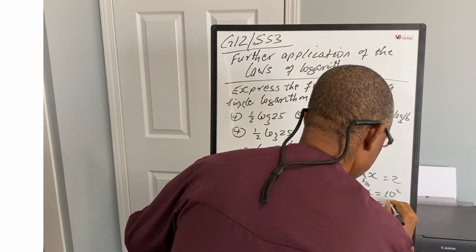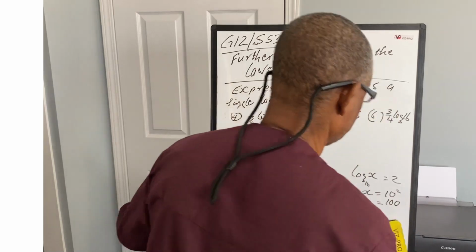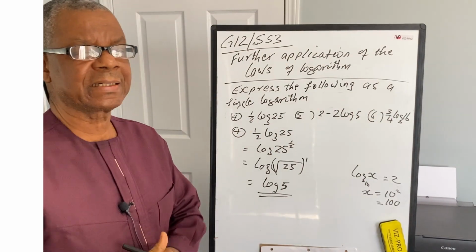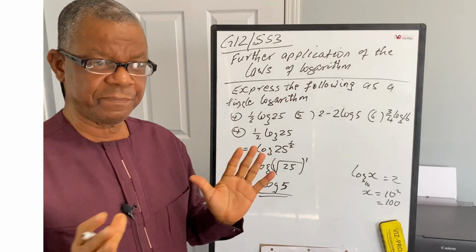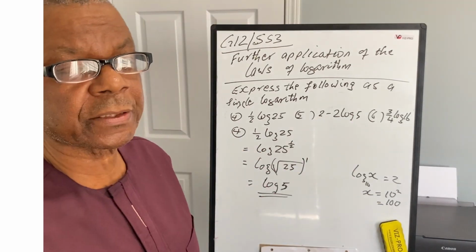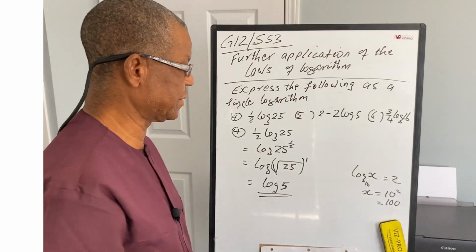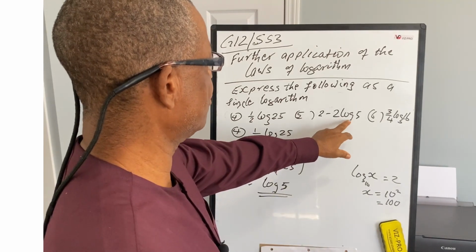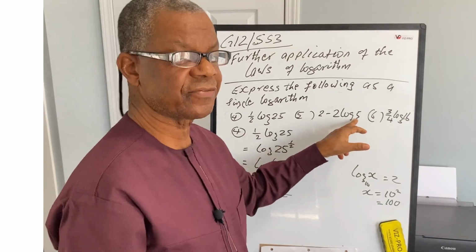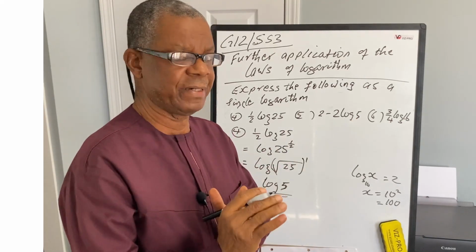And 10 raised to power 2 is 100. And you know that in every log that the base is not given, it's automatically base 10. So the 2 we have here is log 100, because there is no base written against this very log. So it's automatically base 10.